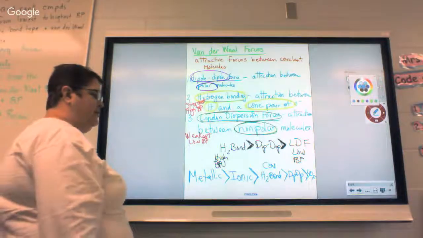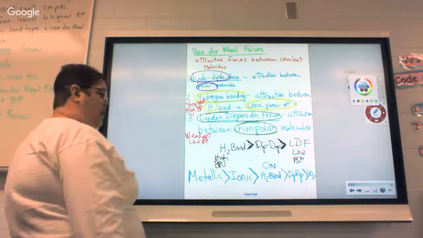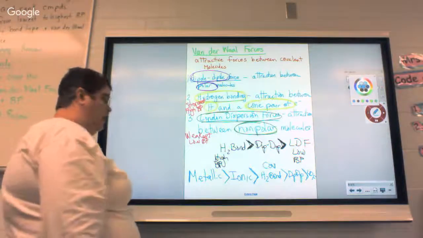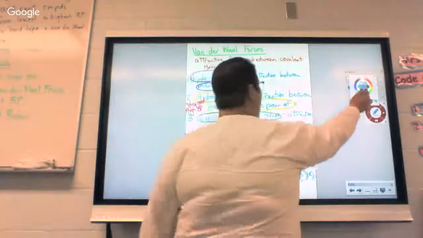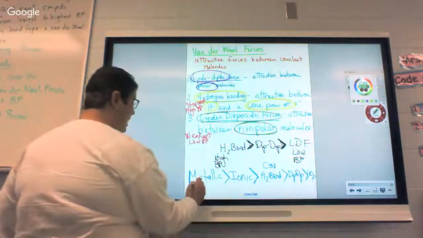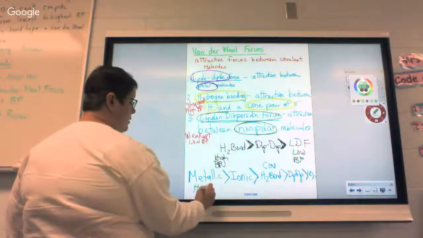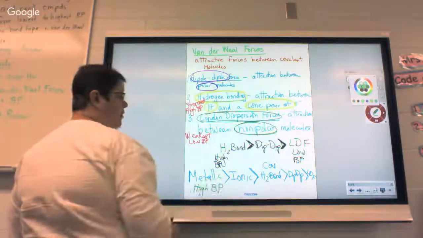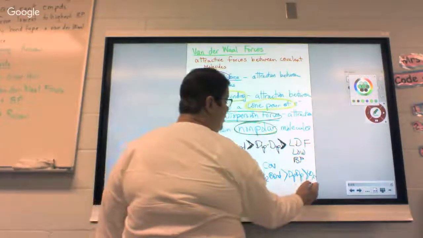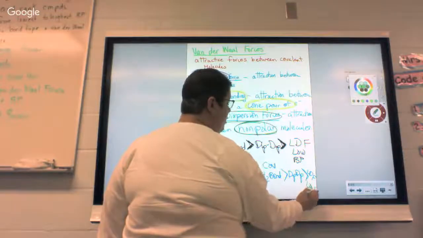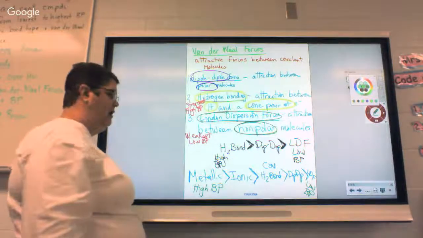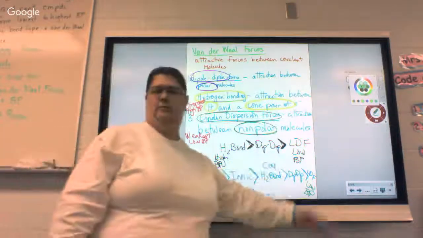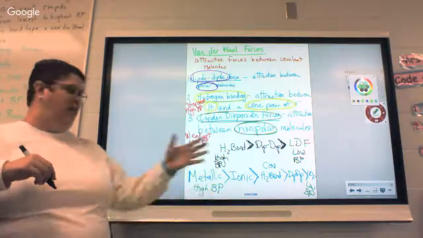Okay? So, if we're trying to figure out the highest and the lowest boiling point, whoever is a metallic bond has the highest boiling point. Whoever has London dispersion has the lowest boiling point. Okay? Those are greater than signs. That's not an increase or decrease kind of thing.